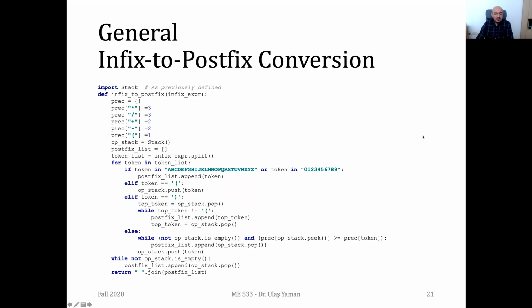So this is how we do this conversion from infix notation to postfix notation in Python. Obviously, since we are using a stack data structure, we need to import the stack class. And then we have some initial definitions about operators. To make it simpler, the precedence of these operators is defined with such numbers.